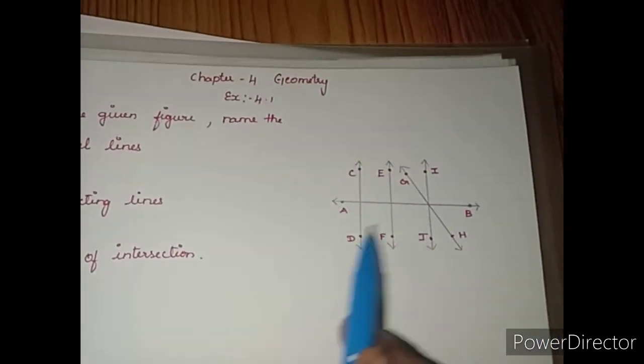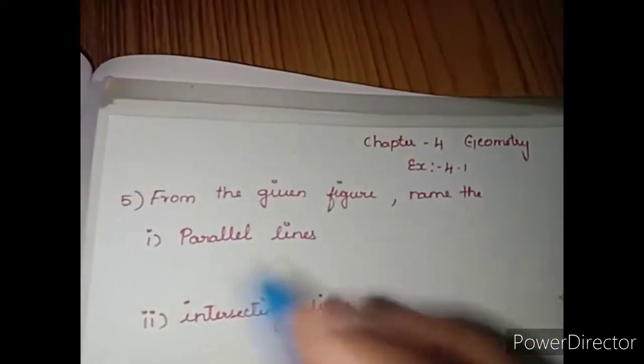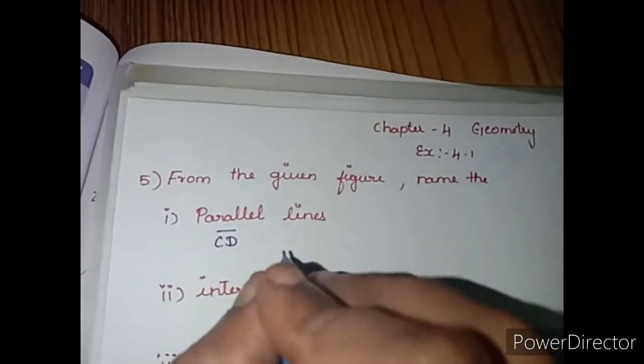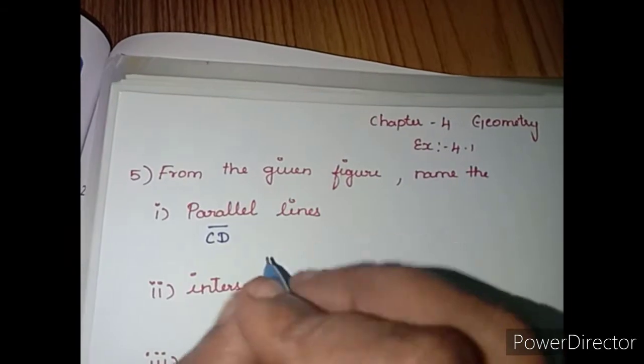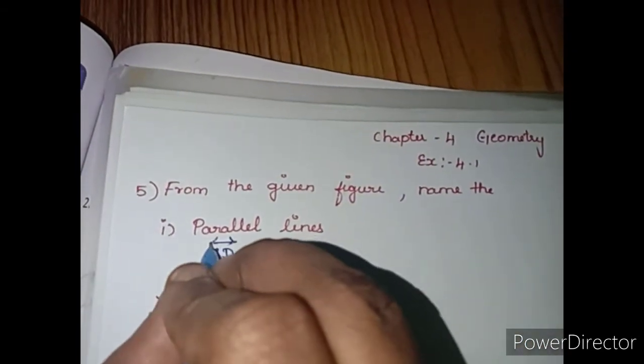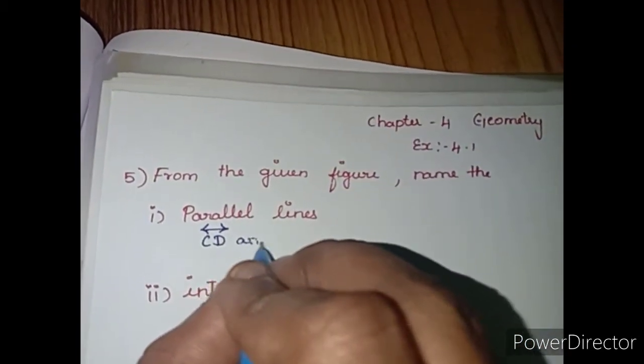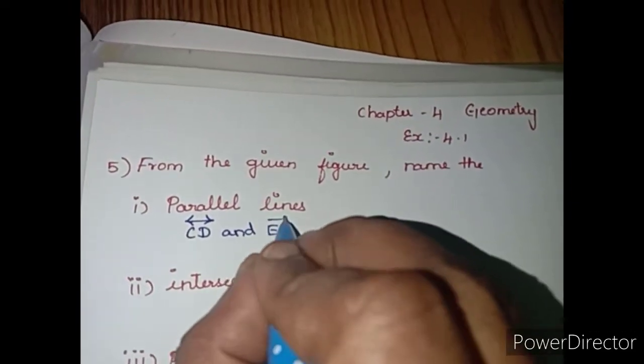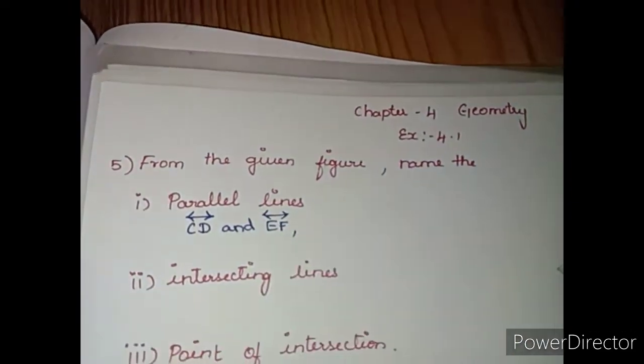Now we'll write which is parallel to which. So we don't have AB. Any other parallel is not there. So we'll start with CD. So CD and EF are parallel lines.